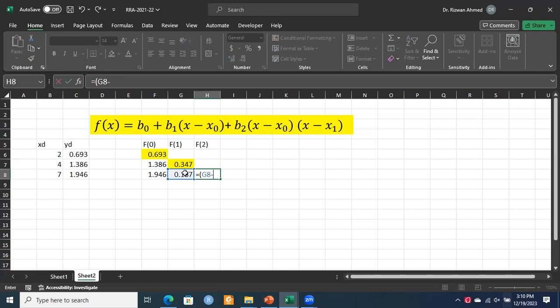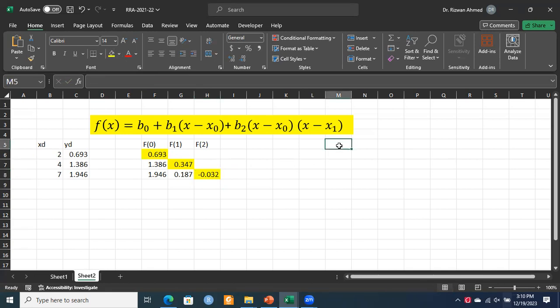So this value minus the previous one, divided by x2 minus x naught. It should be noted that at the second order divided difference, we have the spacing between points as 2. So a 2-point difference is there. We have got this value for b2. So these are the values.